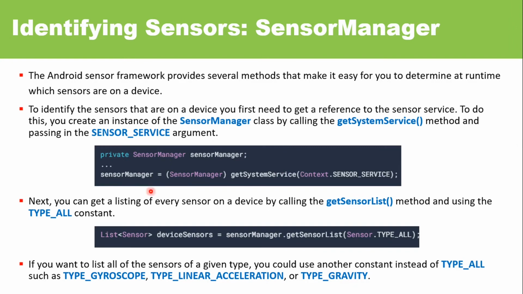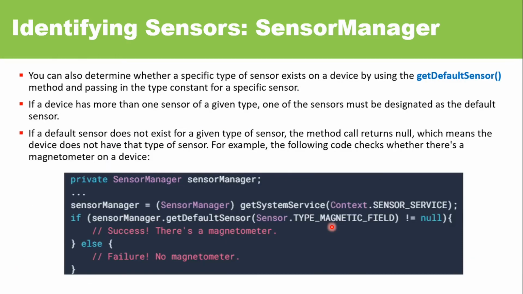If a device has more than one sensor of a given type, one of the sensors must be designated as the default sensor. On the other hand, if a default sensor does not exist for a given type, the method call returns null, which means the device does not have that type of sensor. For example, the following code checks whether there is a magnetometer on a device or not.